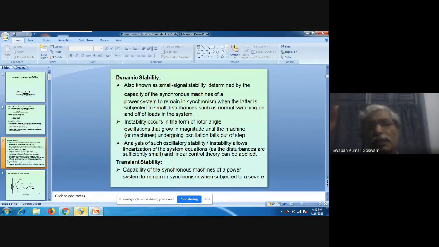So the analysis will be much involved, and therefore we shall not discuss the analysis of dynamic stability in detail here.